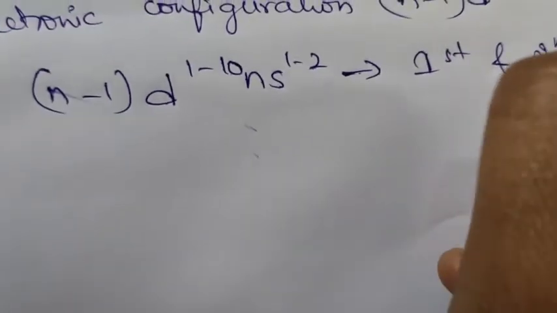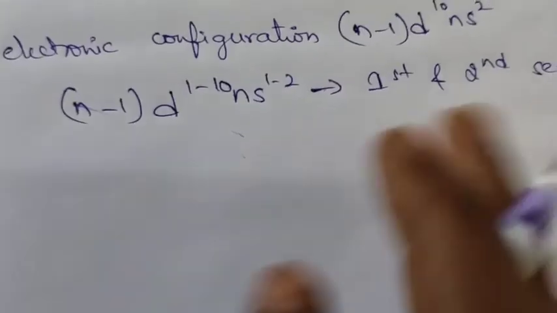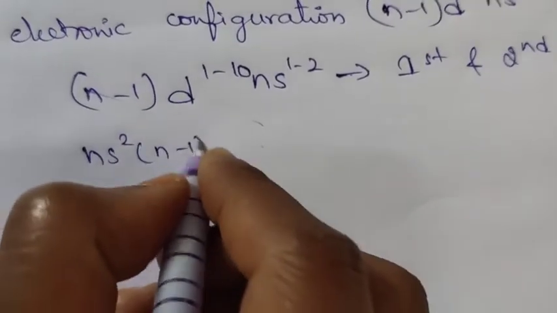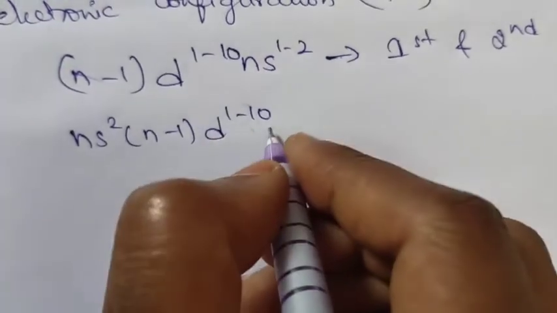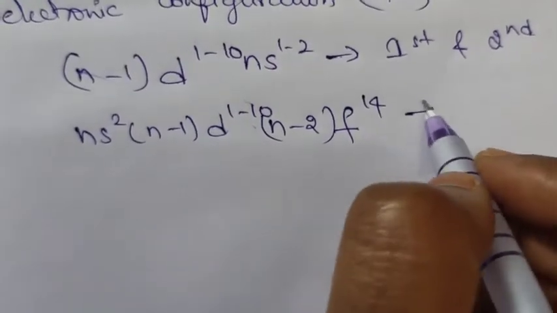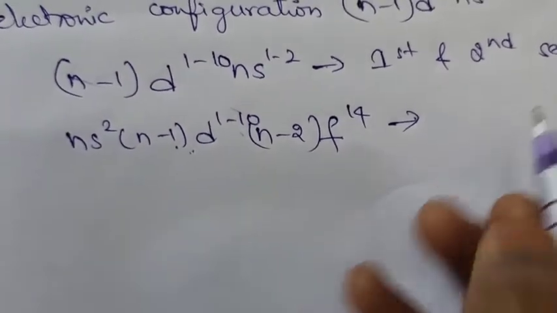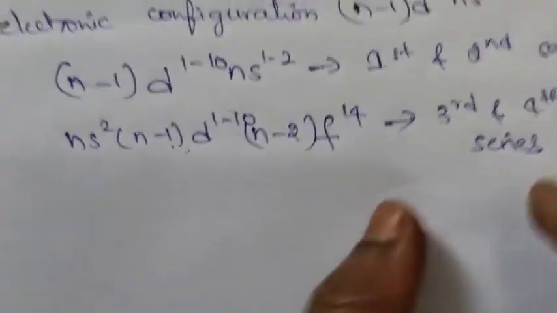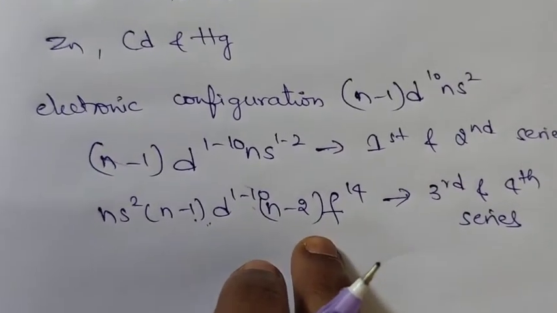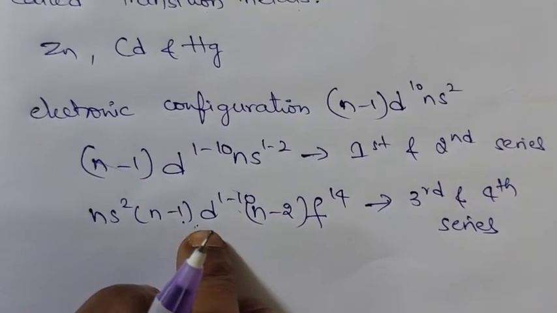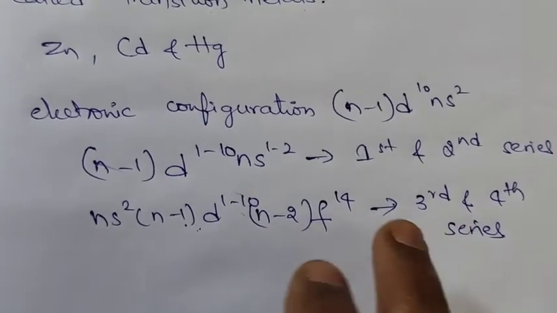For the third and fourth series elements we have a different electronic configuration, that is ns2 (n-1)d 1 to 10 (n-2)f14. So we are using two electronic configurations: one for the first and second series elements, and the second for the third and fourth series elements.